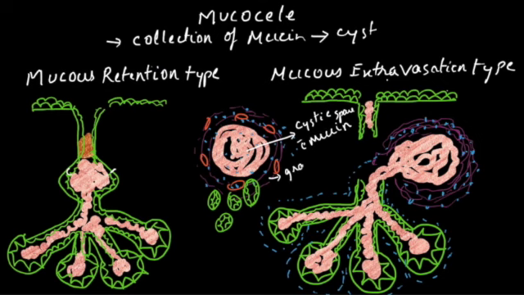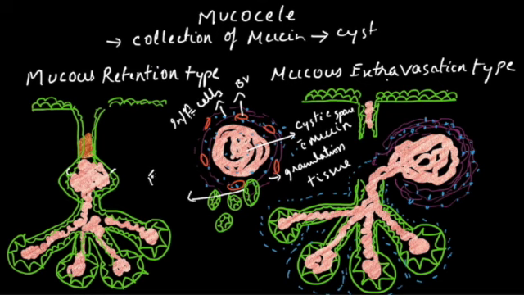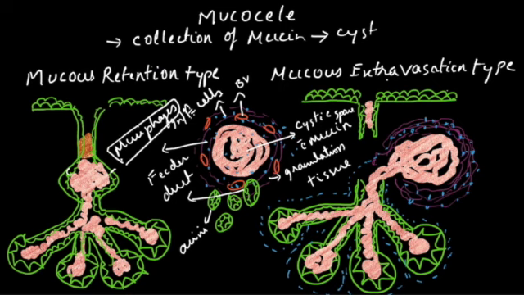Then there is condensed connective tissue, which is basically the granulation tissue, and the blood vessels and the inflammatory reaction. And we see the feeder duct and the salivary acini in the vicinity of this cyst. These inflammatory cells are basically macrophages that come to eat up the mucin, which are called muciphages.